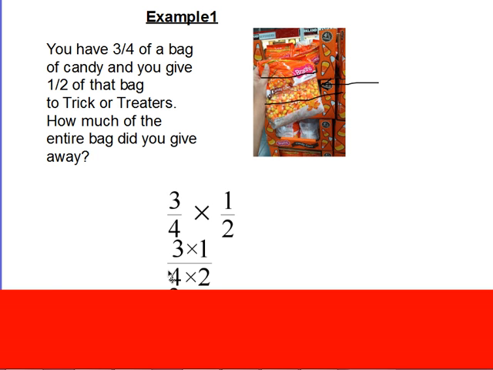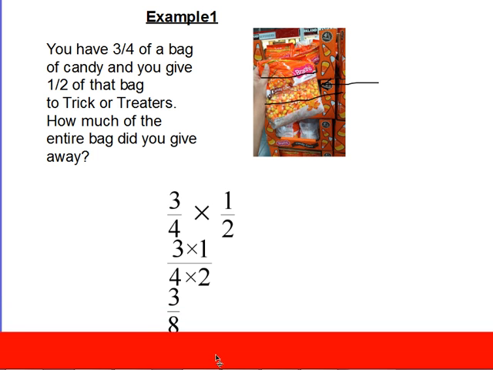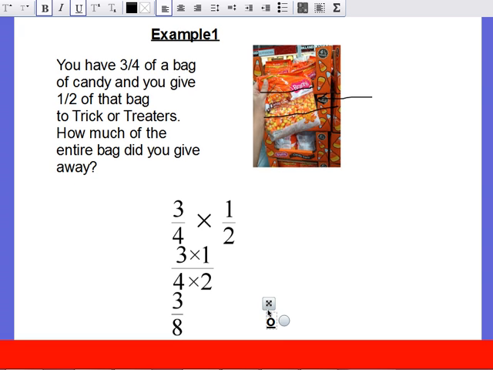And if I multiply across 3 times 1 and 4 times 2, I will end up with 3/8. So out of the bag, I have used 3/8 of the bag.